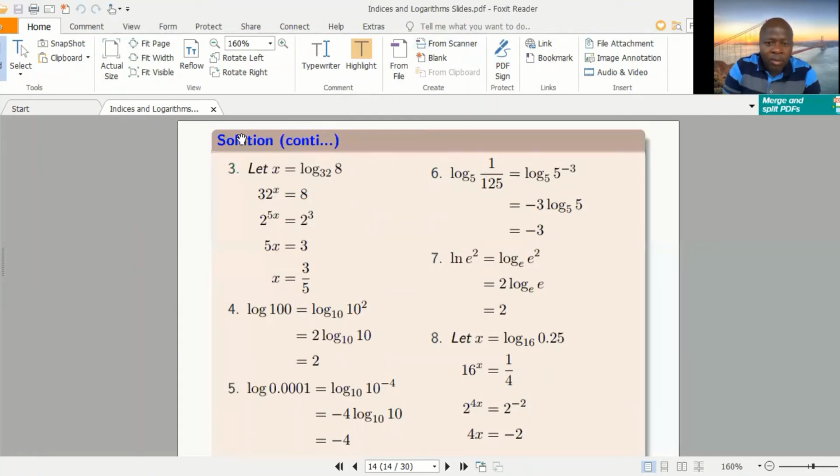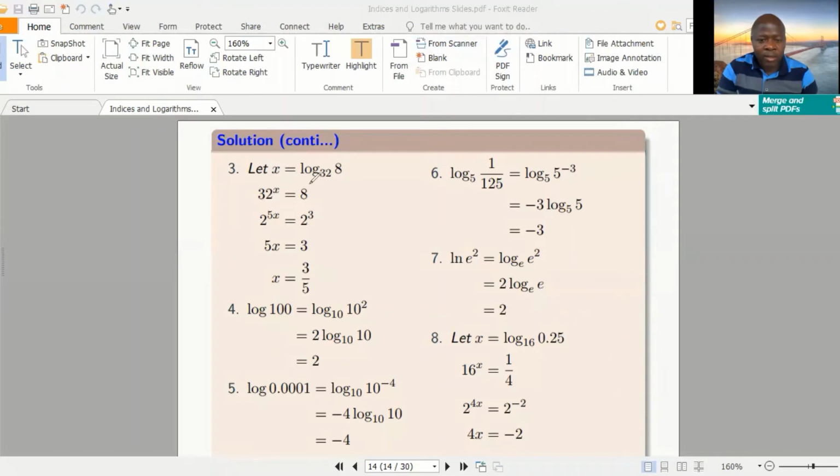Now, the other question that we were asked was to find the log of 8 to base 32. This one I noticed that I could not use the same method that I've used in question 1 and 2, and so I resorted to the earlier method where I say let x be this, and then write in the index form.